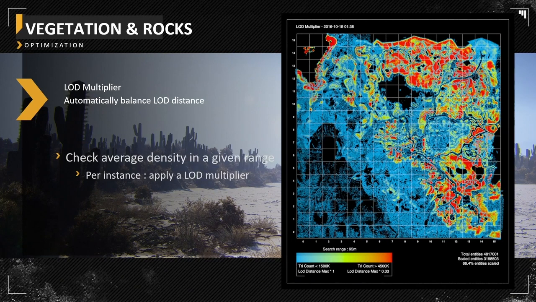And that's something we need to sort out. But also, if there's a lot of density, you probably care less about the detail of one single instance. So we are able to balance the level of LOD based on the density per point. And it worked quite well.